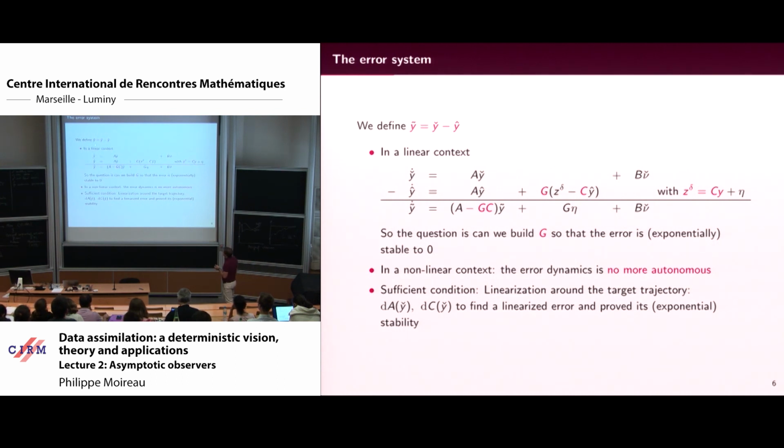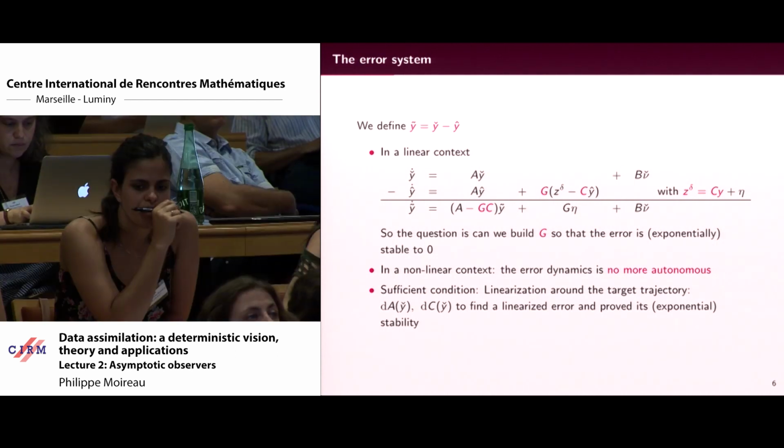So you see that the operator of the dynamics of the error is given by A minus GC, okay?